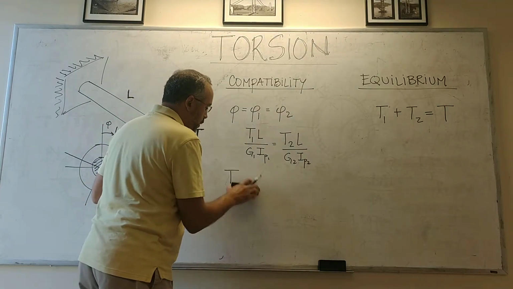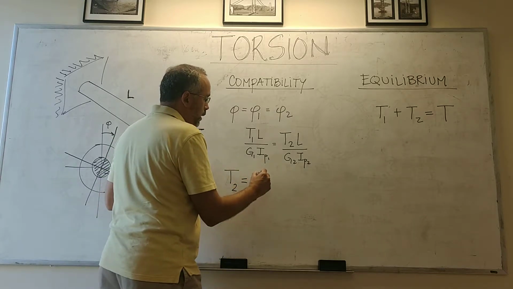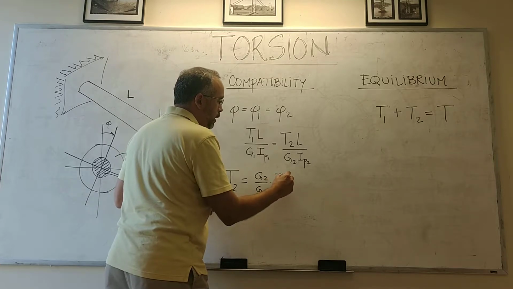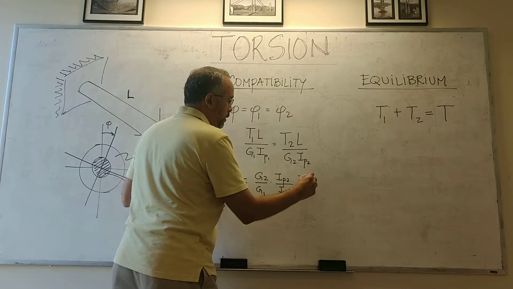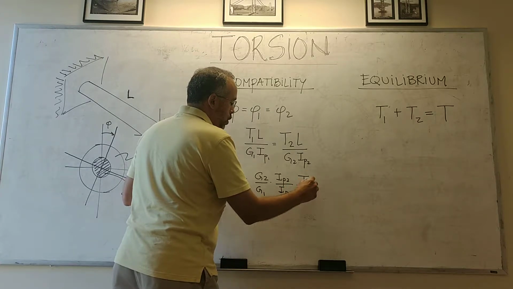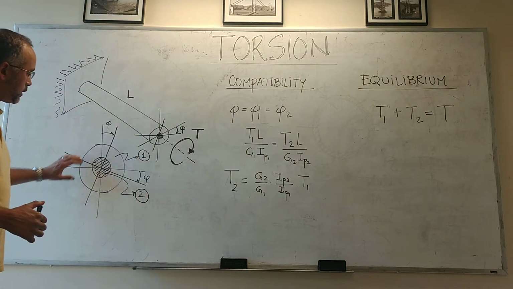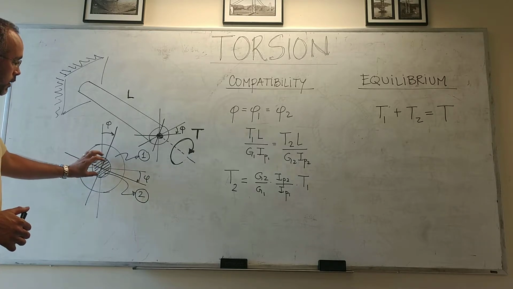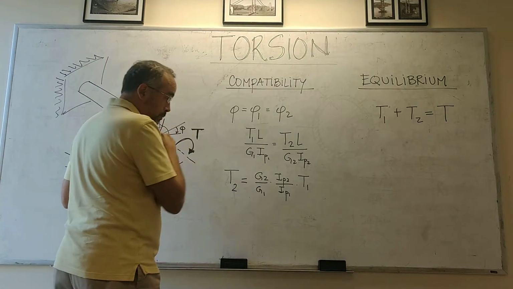And from here, we can determine the relationship between the two torques: the torque being supplied by the material at the surface, and the torque being supplied by the material at the core, 1 and 2.